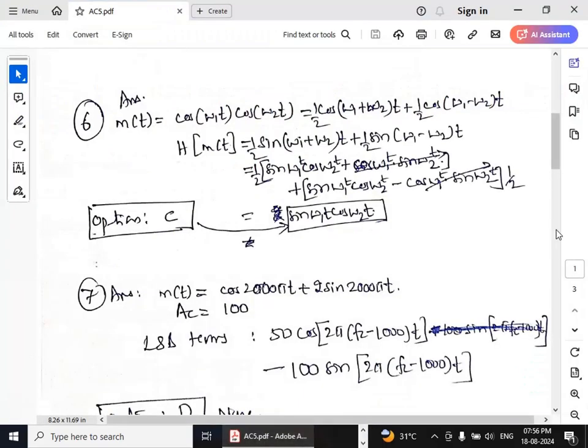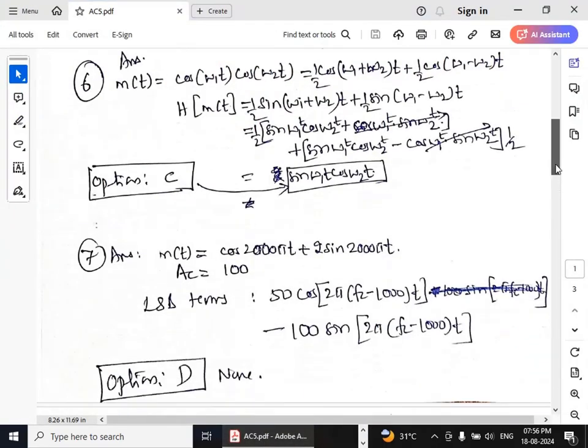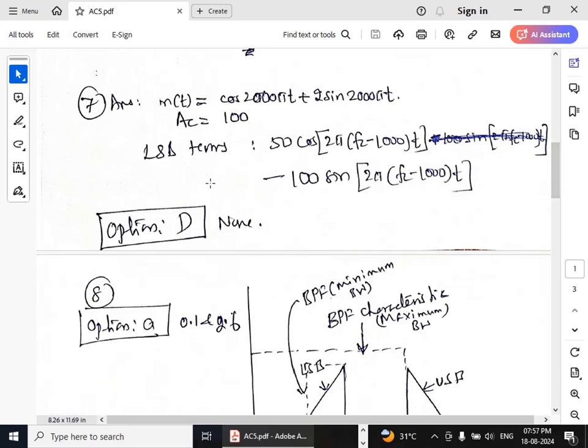Seventh one. The LSB terms for the given message signal and the carrier signal, you will have two LSB terms: 50 cos 2 pi (fc minus 1000) t and minus 100 sin 2 pi (fc minus 100) t.